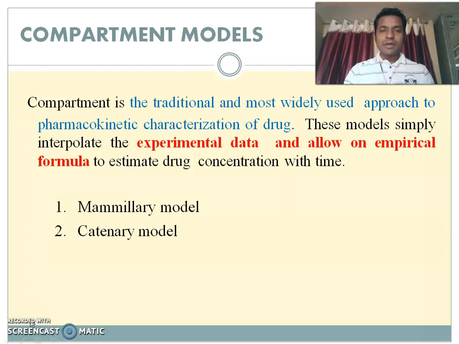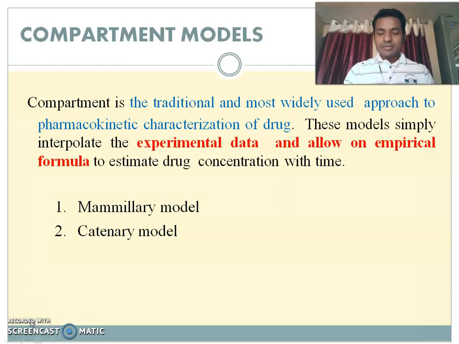First, what is a compartment model? Compartment modeling is a traditional and the most widely used approach to the pharmacokinetic characterization of a drug. These models simply interpolate the experimental data and allow us to obtain an empirical formula, which helps to estimate the drug concentration with respect to time.